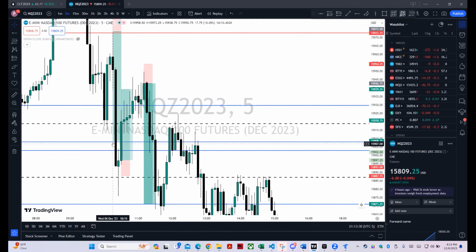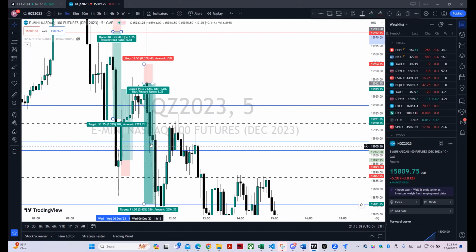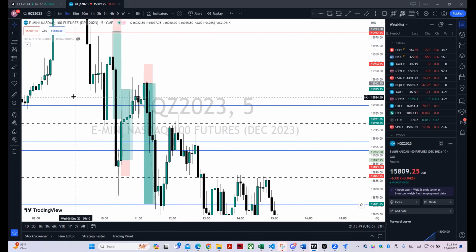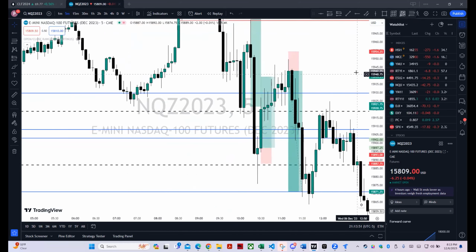But this was my target down here. I took it off about right here. Why? Because I needed to take profit. I didn't want to get greedy. And because this is a very likely zone to retrace. Why is that?